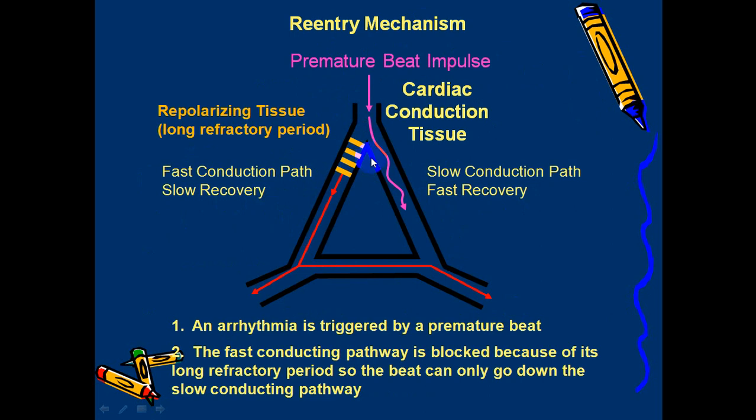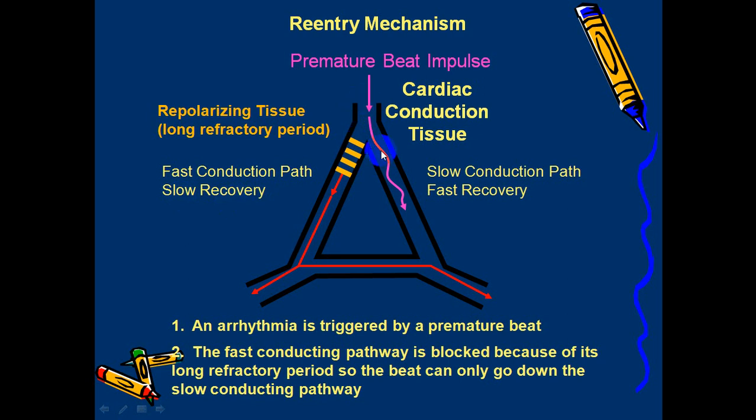And from the previous slides, normally, if there is some premature beat that depolarizes, and the signal or the activity is strong enough to overcome the SA node, this impulse is conducted and comes into a unidirectional block in the fast pathway because of slow recovery.